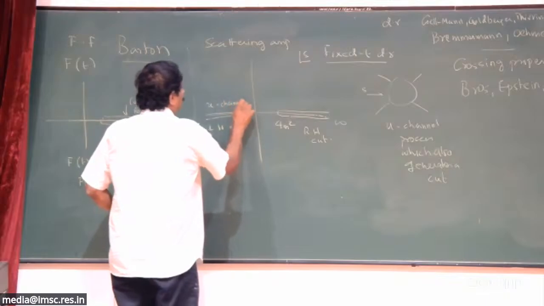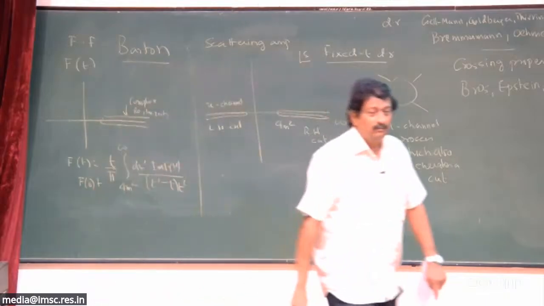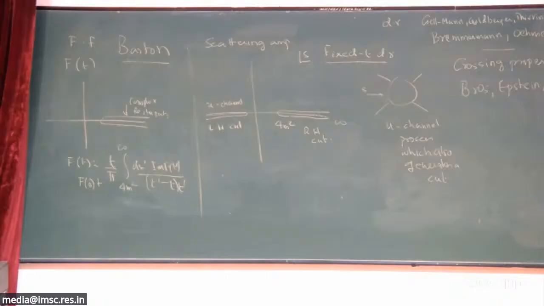But in the case of this pion-pion scattering with all this good stuff, we know how to cross from one channel to another using these marvelous crossing matrices. Okay, that's the amazing thing. And I'll give you an example of an unsubtracted dispersion relation.